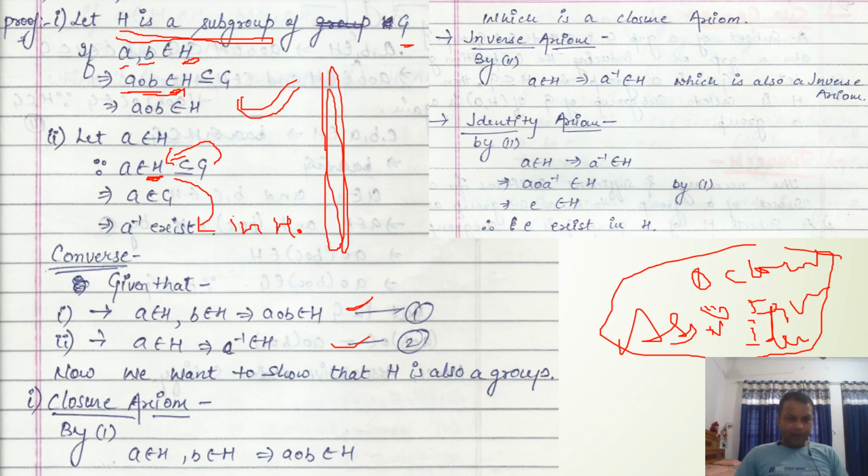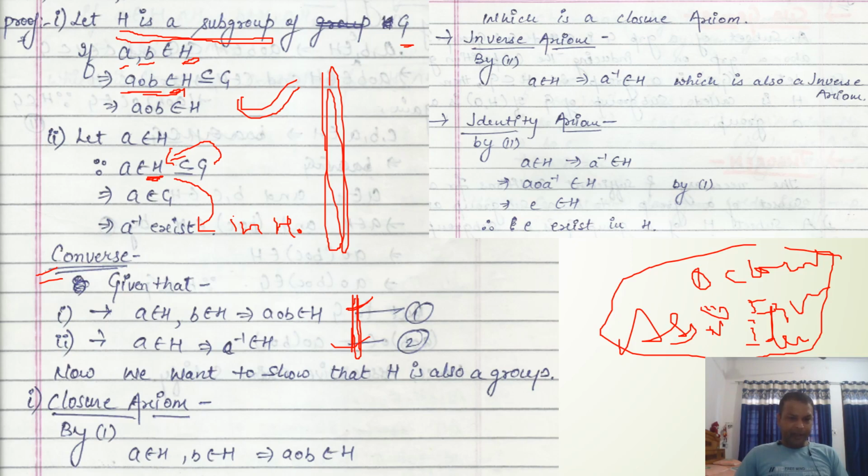Now conversely, we will prove that if these two properties are satisfied for H, then it will be a subgroup. Now we will use these two properties only, and we will prove that it will be a subgroup.